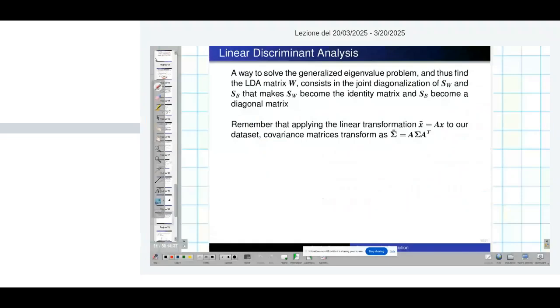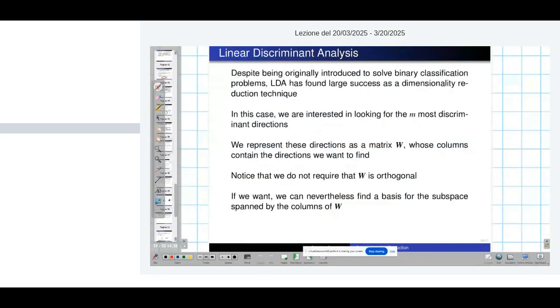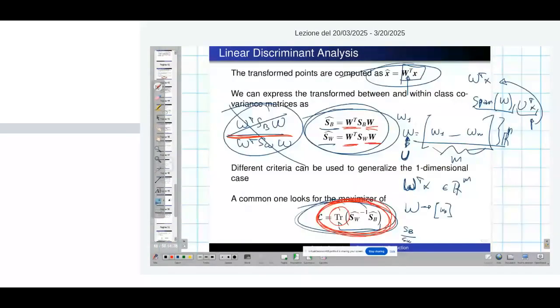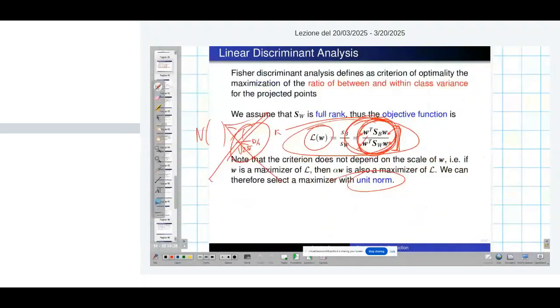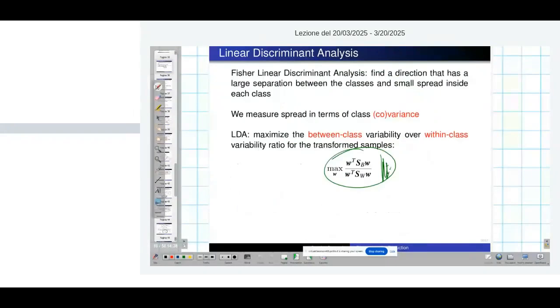Okay, so let's start from where we left. Last time we introduced linear discriminant analysis as both a way to reduce dimensionality and to perform classification. The idea was to look for a direction over which the classes can be well separated. In which sense?